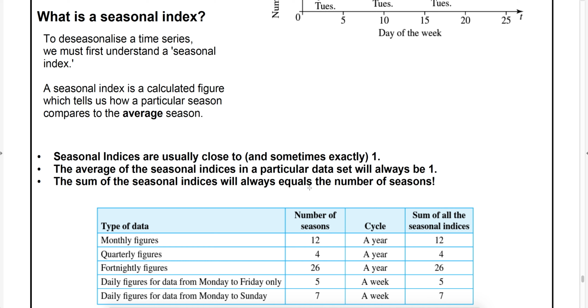It's telling us how a particular season, say a day of the week or a month of the year, compares to the average for that whole cycle. So the average for the week or the average for the year. So what we will be doing a lot of is first calculating the seasonal average, and then using that to get this thing called the index.